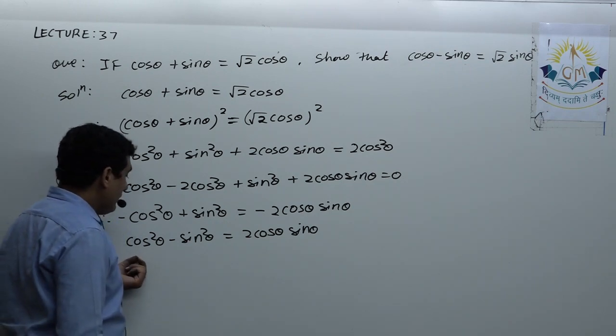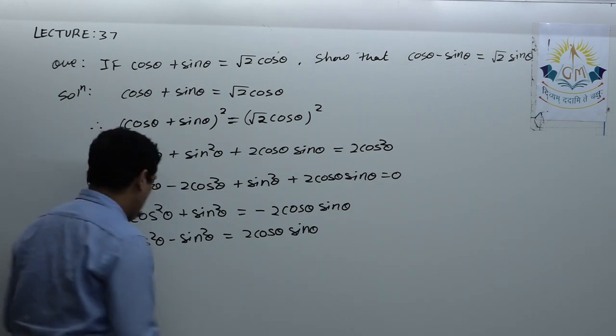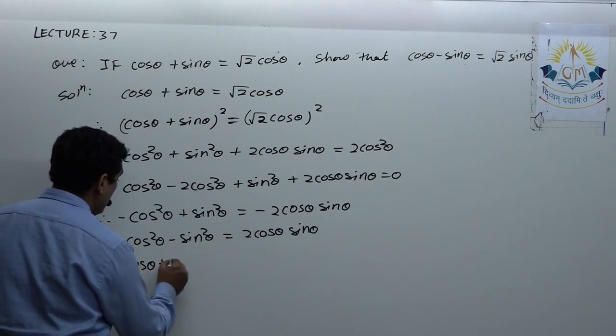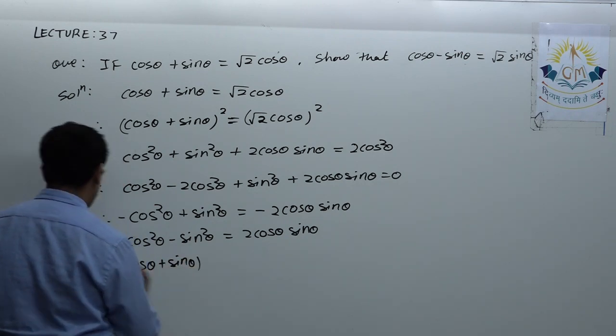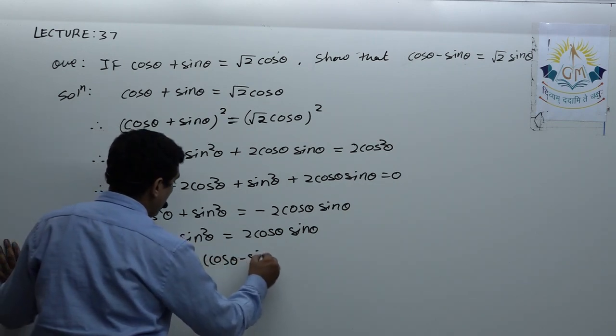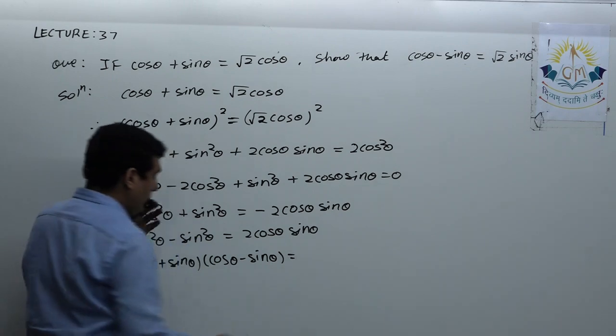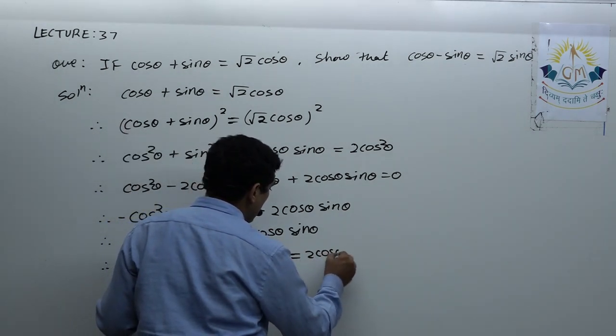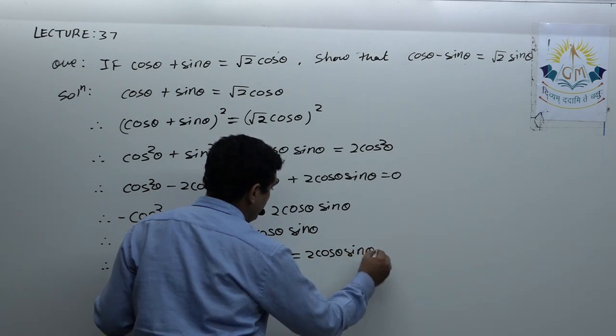Now here it is a square minus b square. So if I apply the identity, I can write it is cos theta plus sin theta into cos theta minus sin theta is equal to 2 cos theta sin theta.